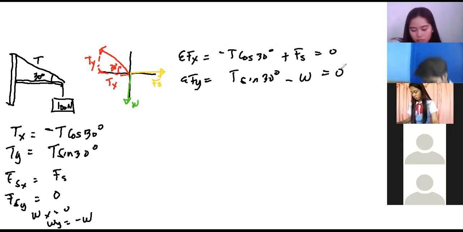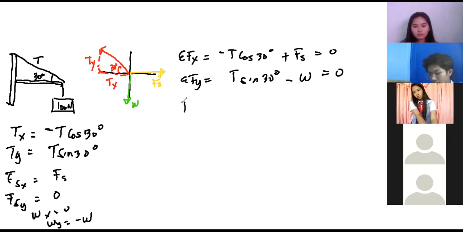So we are only after the tension. And you can see the weight is already given. And this equation number 2, Fy, is already sufficient to give us the answer for the tension because the weight is known. So we can solve the problem mathematically.